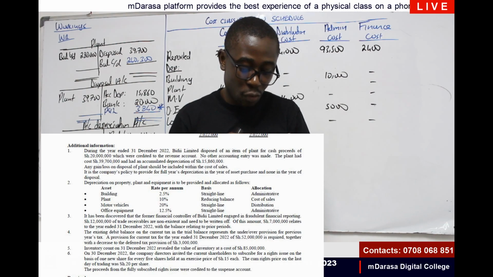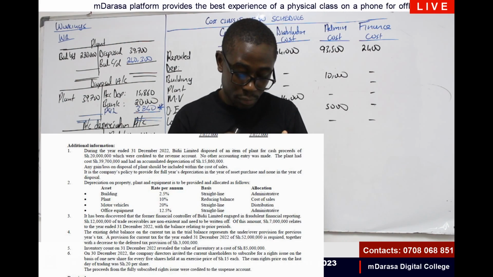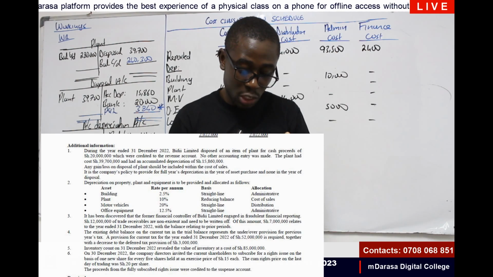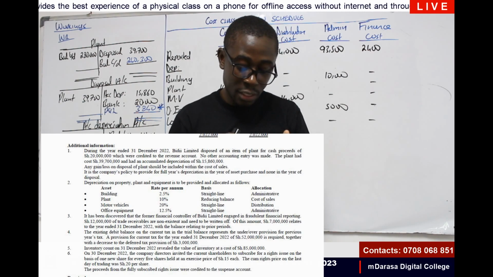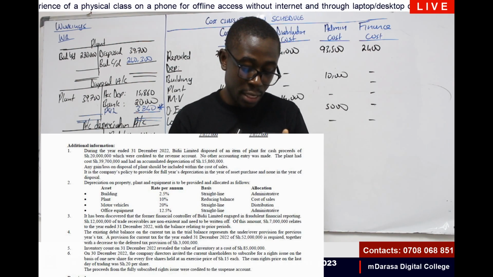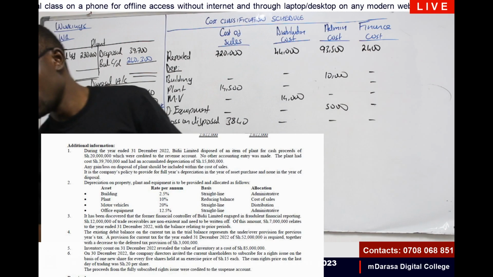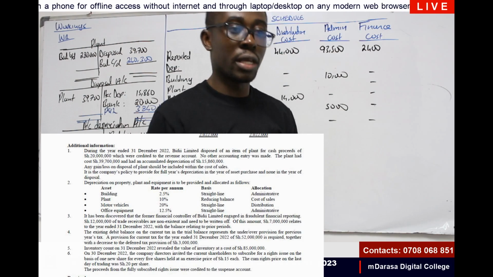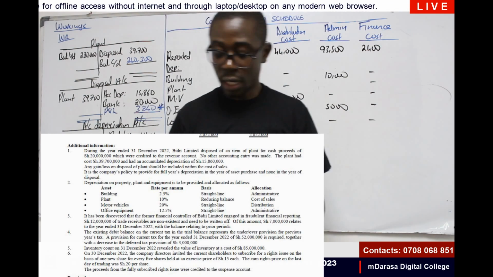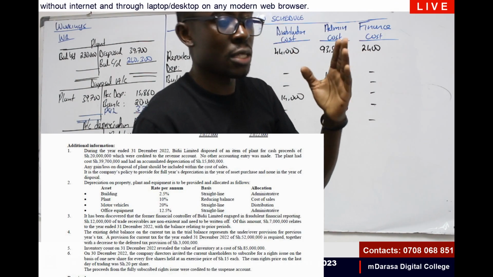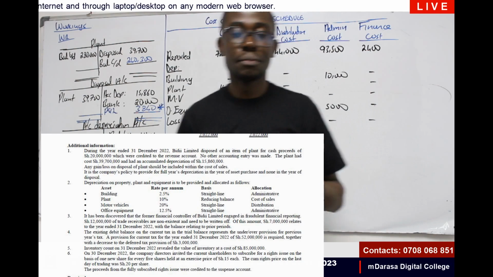It has been discovered that the former financial controller of BD Limited engaged in fraudulent financial reporting. 12 million of trade receivables are non-existent and need to be written off. Of this amount, 7 million relates to the year ended 1st December with a balance relating to the prior periods. So remember, on the matching concept, we should match these expenses with the year that they were incurred.